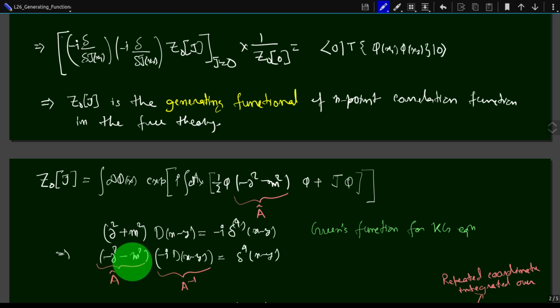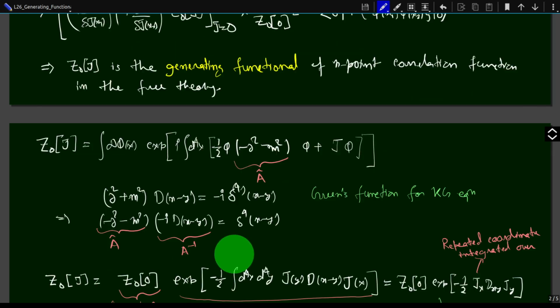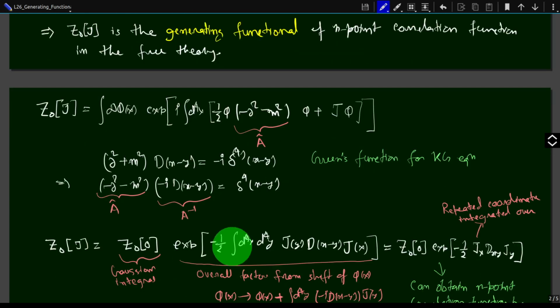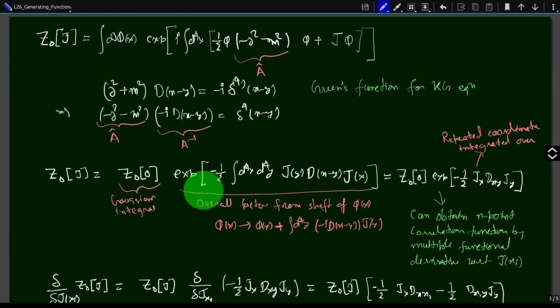So this becomes A, and whatever remains to make the right hand side the delta function is A inverse. So I have A inverse equal to minus i D(x minus y). Please contrast this with lecture 24, where A inverse was nothing but D(x minus y). In the formula over there, if I replace D(x minus y) with minus i times D(x minus y), then this is what I will get.